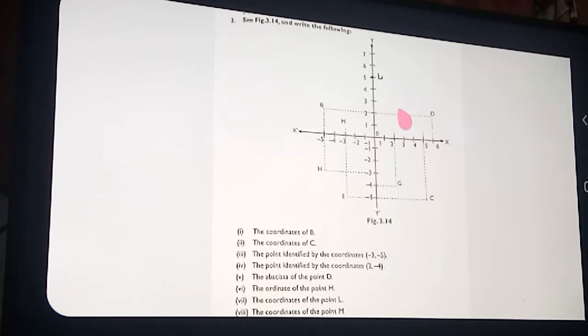Then the teacher will give the answer. Okay, 2 minutes you find out the answers. Take 2 or 3 minutes for finding the answers, then the teacher will give the answer. Okay, find out.